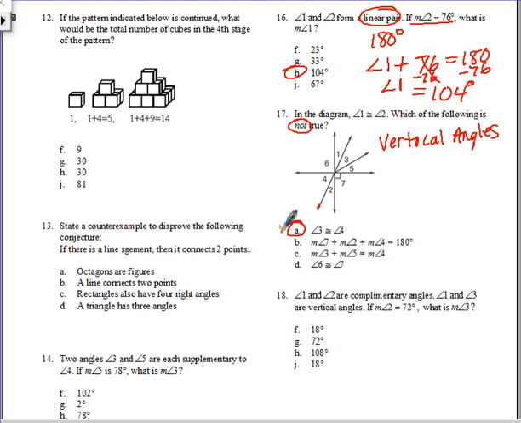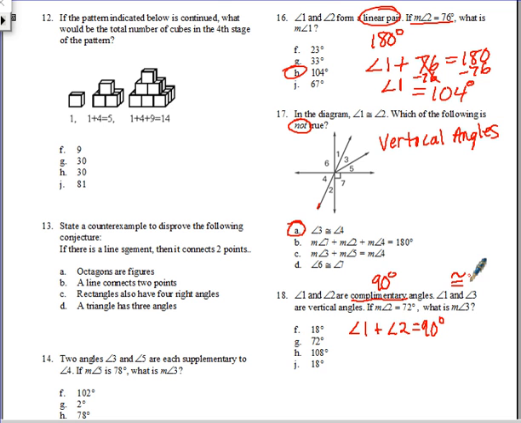Number 18. Number 18 is complementary angles, so that means 90 degrees. We know that angle 1 and angle 3 are vertical angles, so we know that angle 1 and angle 3 are congruent to each other.